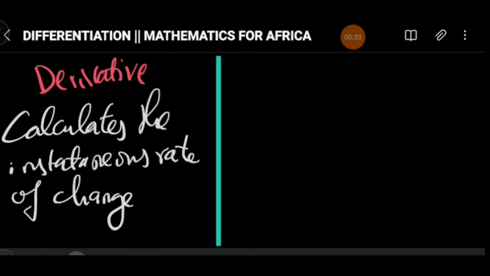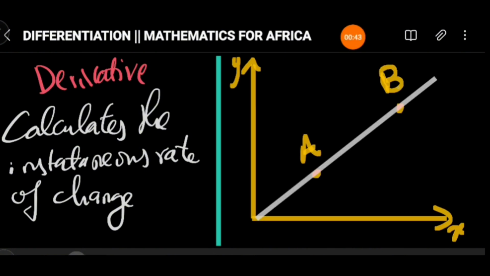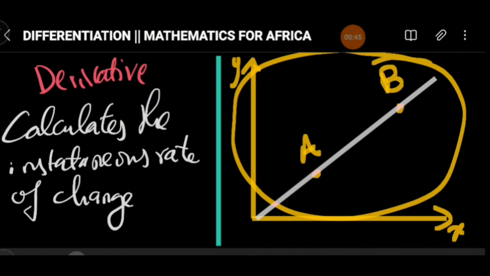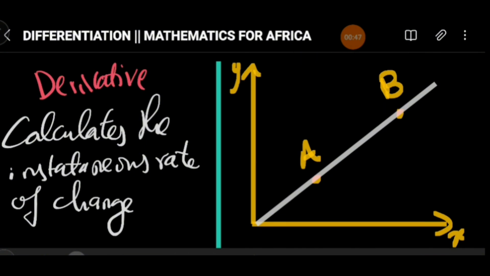To really understand it, let us begin by seeing the equation of a straight line. On this slide, I have drawn a straight line on the xy plane, and I want to know the slope. To calculate the slope, we need at least 2 points on the line.